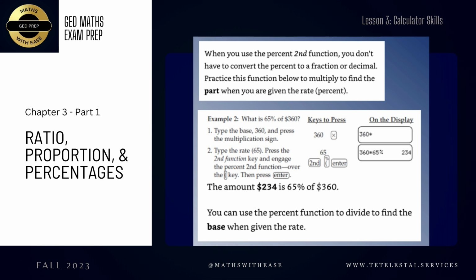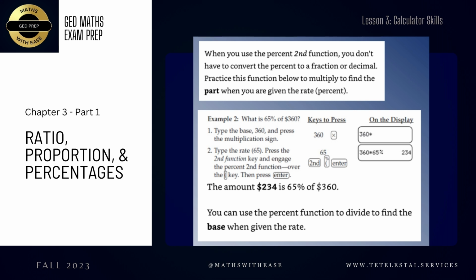So if your rate was 25%, you would just enter 25 and then press the second function key, press the open parentheses key, which would automatically input your percentage, press enter, and you would get your answer. Or you can just immediately recognize that 25% is 0.25, and then you would divide your part by the rate.